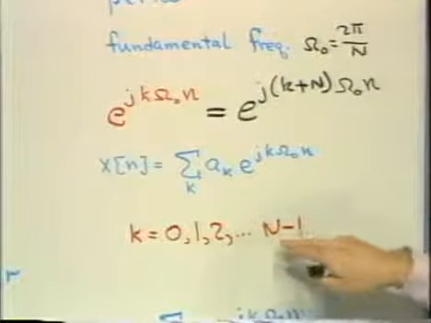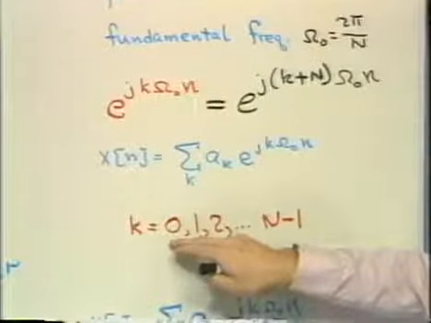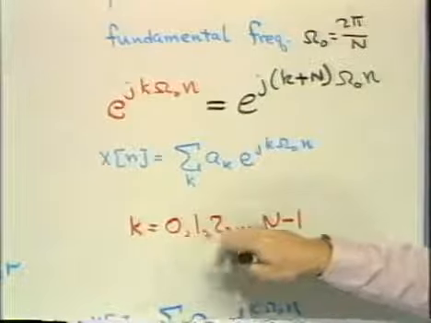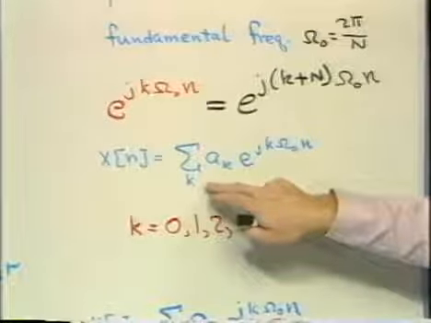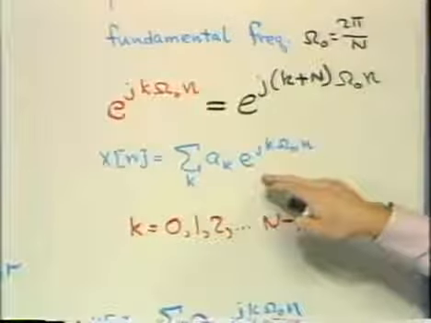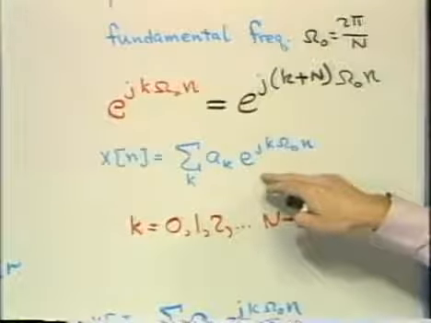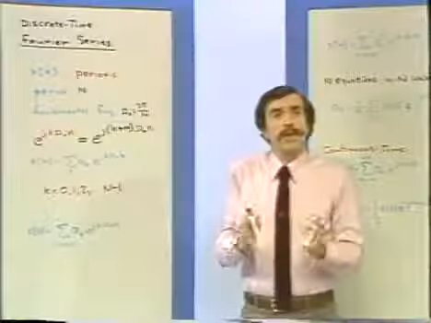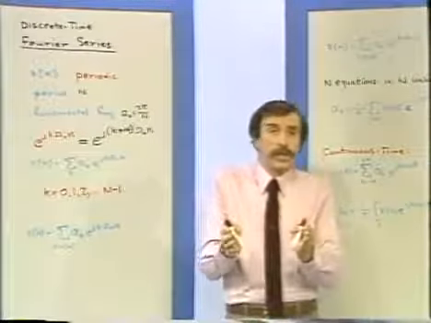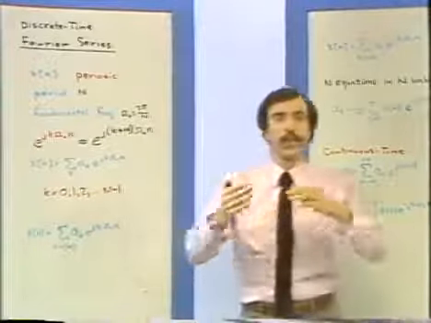For example, if k takes on the value capital N, that will be exactly the same complex exponential as if k is equal to 0. So this sum ranges only over capital N distinct complex exponentials, for example, from 0 to N minus 1, although since these repeat in k, I could instead consider from 1 to N, or from 2 to N plus 1, or whatever.